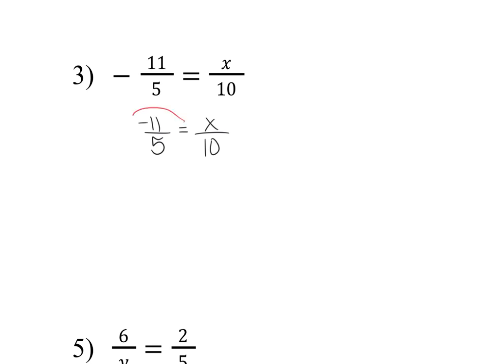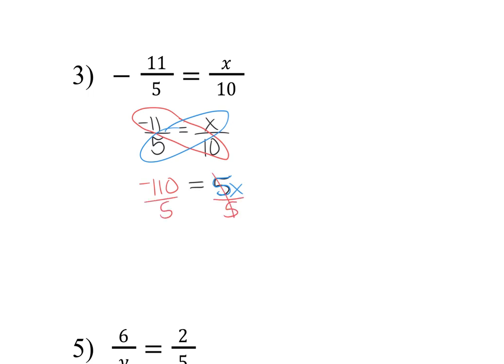And so we're going to do our cross products again. Okay, cross product, negative 11 times 10, what do we get? Yeah, negative 110. Then we do the cross products of the other diagonal, and we say it's equal to 5x. Now let's solve for our x. What do we have to do? Yes, awesome.